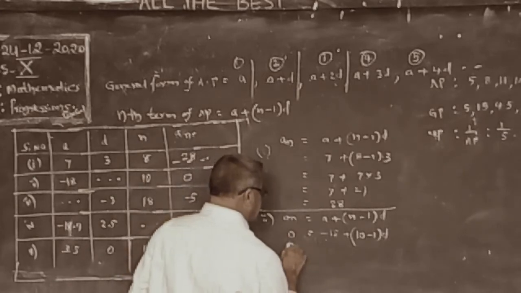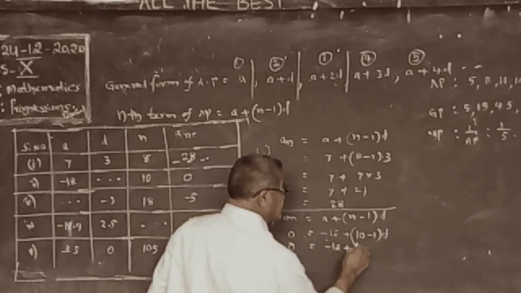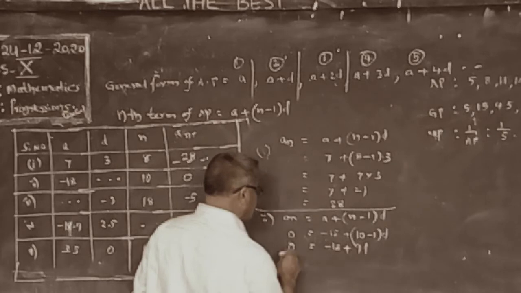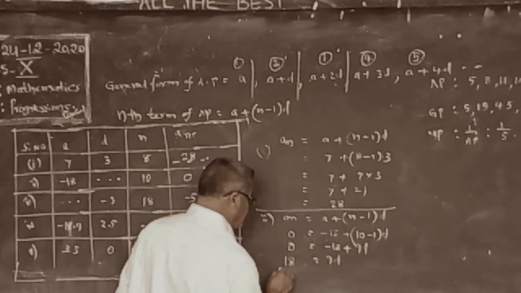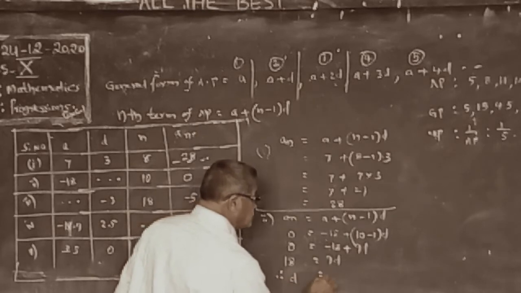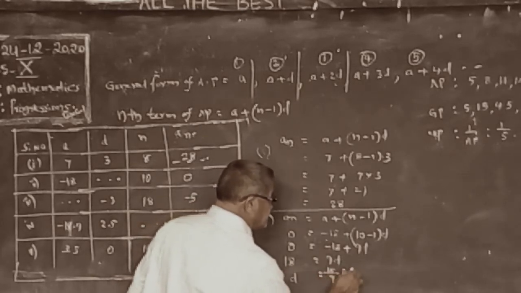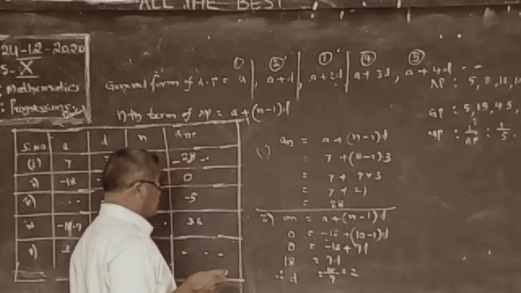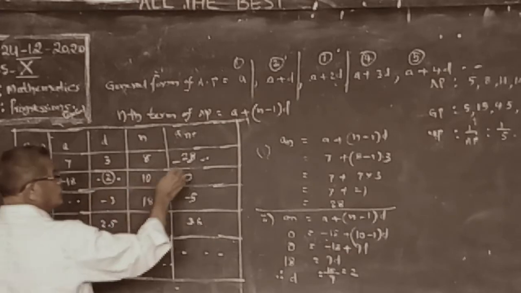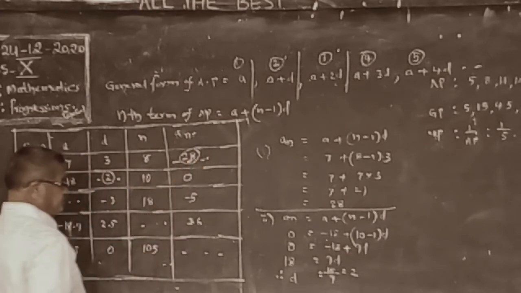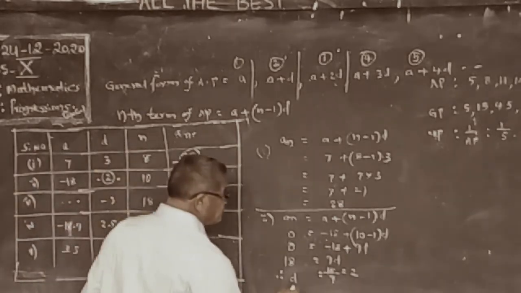So 0 minus minus 18 is 18, and 10 minus 1 is 9D. Therefore 18 is equal to 9D, D is equal to 18 by 9, that is 2. D equals 2.